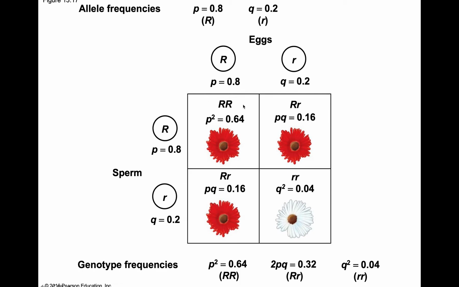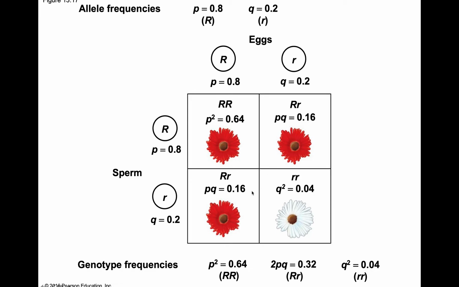And again, that math is going to be 0.8 times 0.2, which will give me again 0.16. So it's the same as this box. Now the last box over here in our Punnett square is two little r's. And here I get a Q of 0.2 times Q, also 0.2, which gives me 0.04.